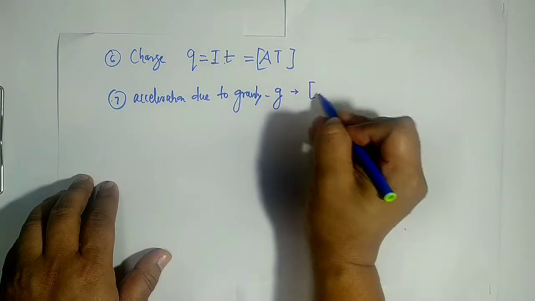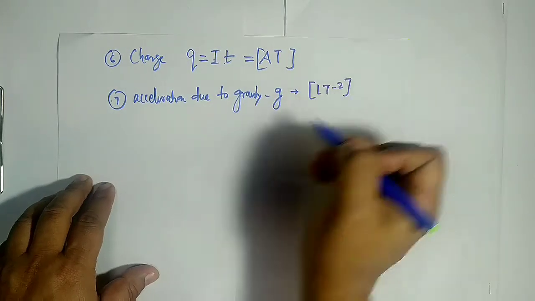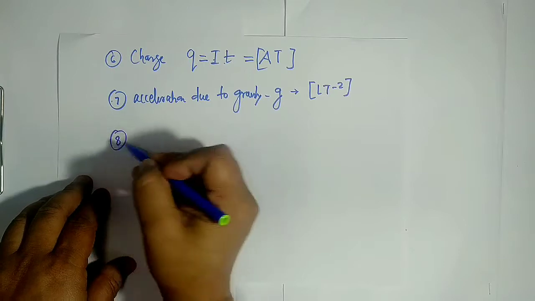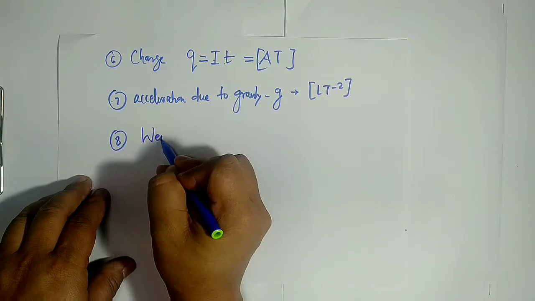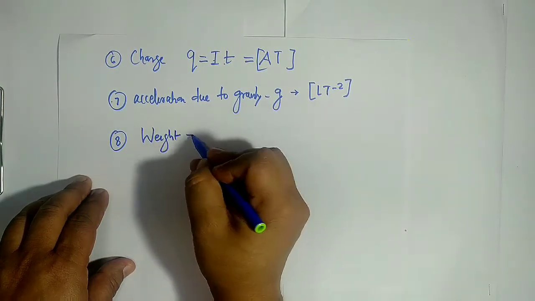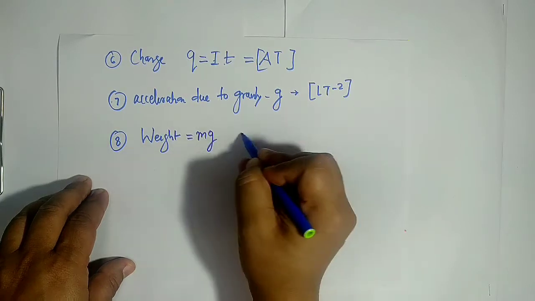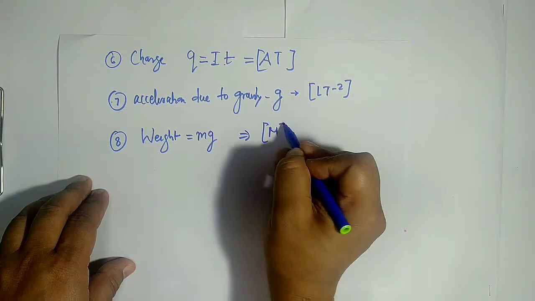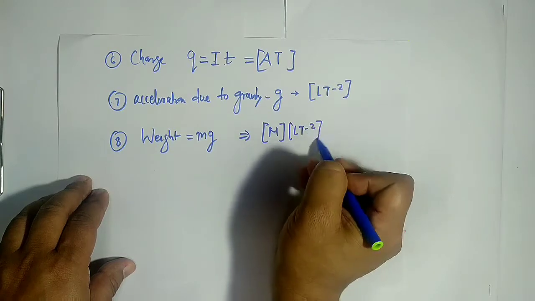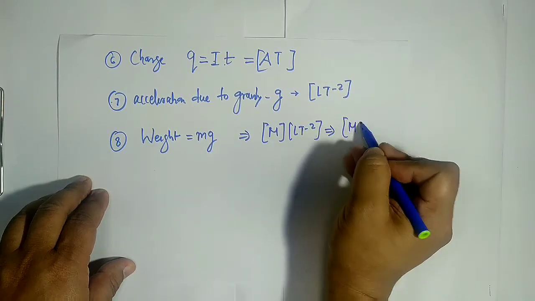So can we write directly LT minus 2? If I ask you the dimension of weight, weight is mg. So we write M, and g is LT minus 2. So it will be MLT minus 2.